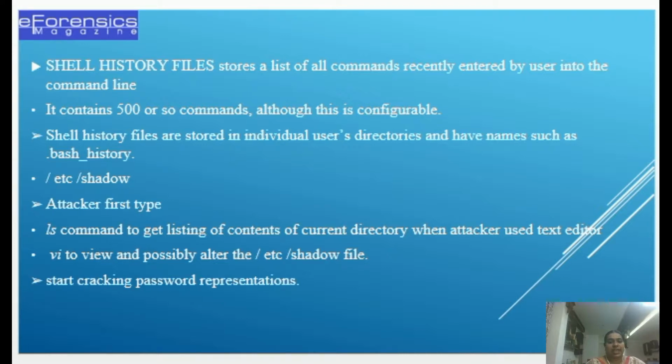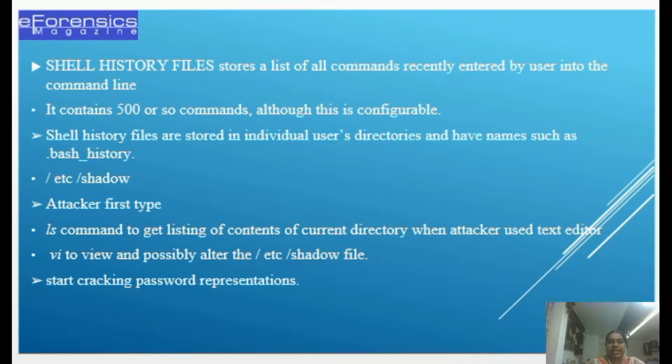Next, there is the ls command and the vi command. These commands are typed into the command line by the attacker and stored in the shell history file by the command shell program.